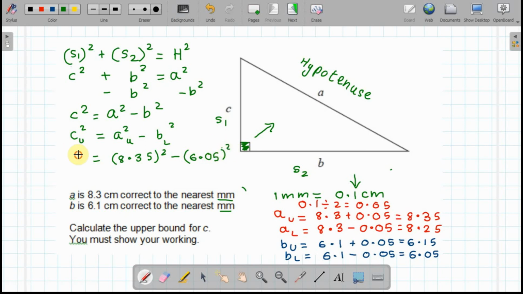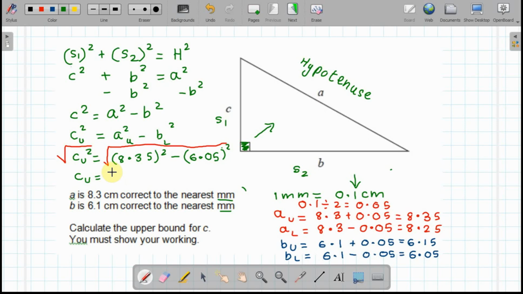That'll give me the upper bound of c squared. So to get c, essentially I'm going to have to square root this answer as well. I could have written that earlier, but even now it's fine. So that'll give me the upper bound of c. It's a calculator question.